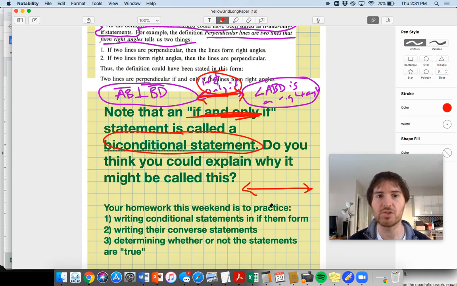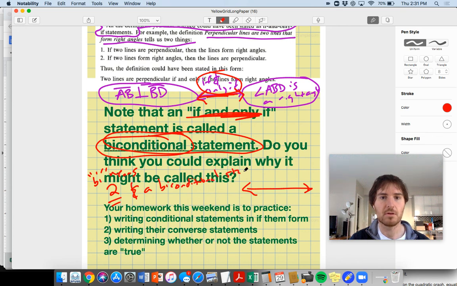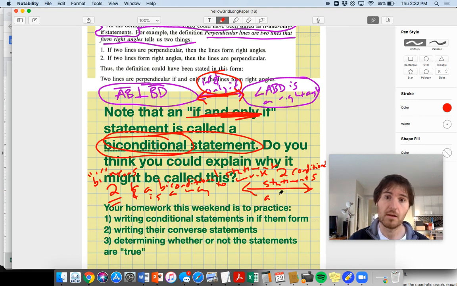And a final thing about this: can you explain why it's called biconditional? What does bi mean? What is a conditional statement again? Bi means two, and a biconditional statement is a way to write two true conditional statements as one.